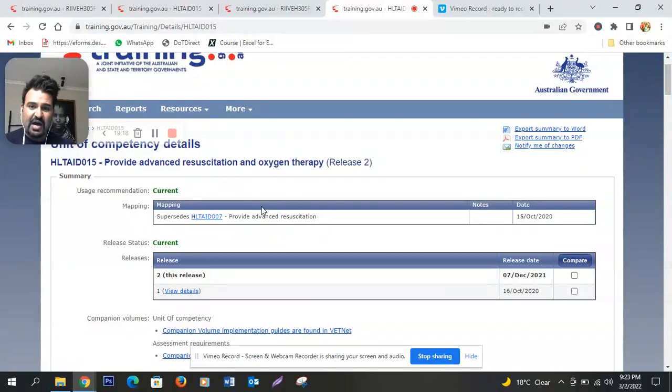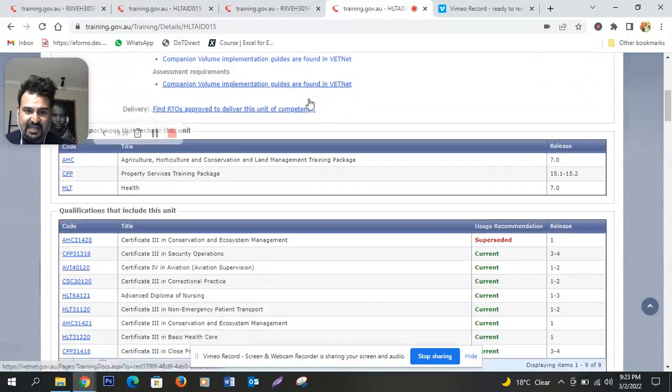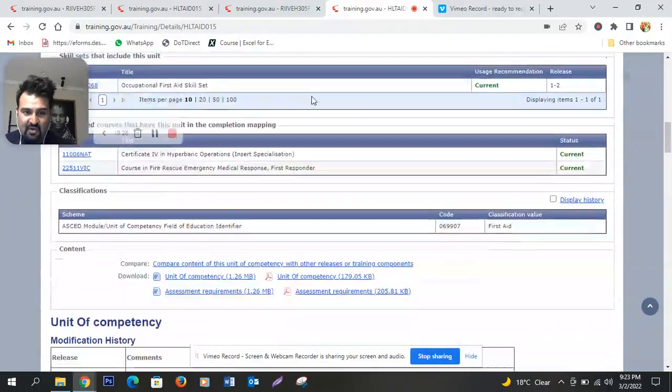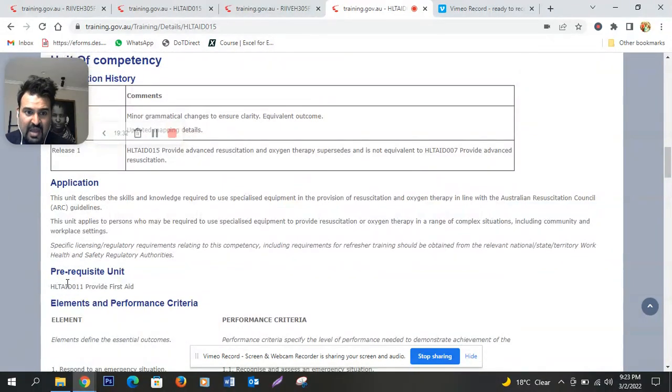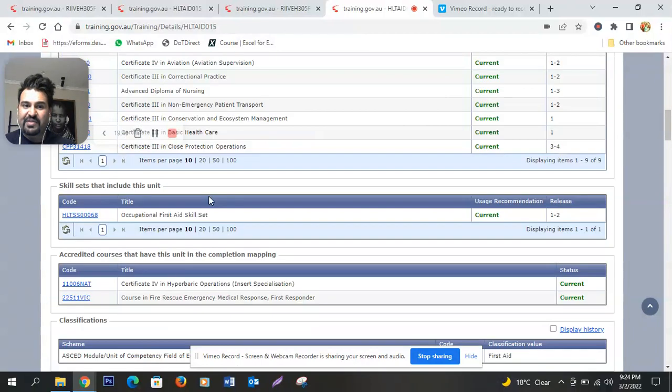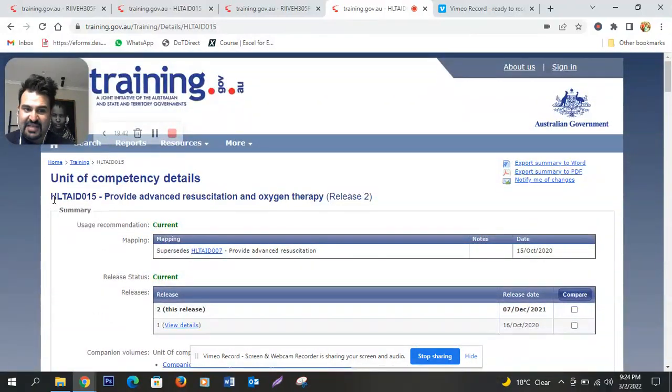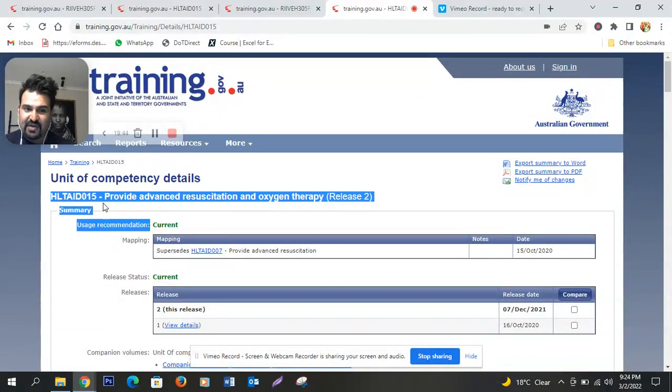The last thing before I move on to the second half of it, where we actually design an assessment tool, I want to tell you that if you have a prerequisite, which is over here, then you can't cluster that prerequisite with this HLT 8015 course.